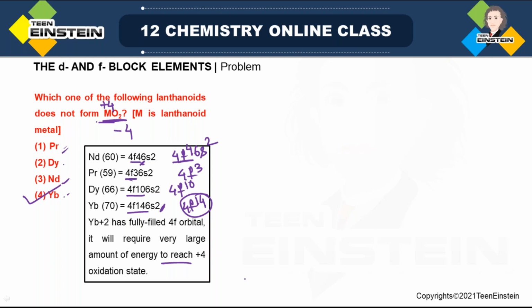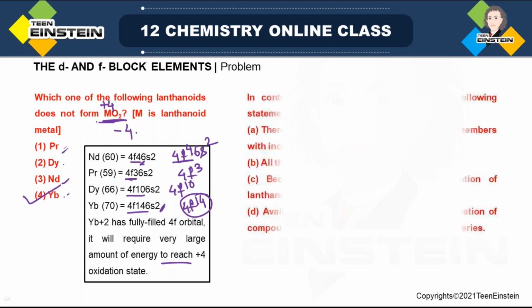So the lanthanoid which will not form this type of oxide is Yb, and it is because of the oxidation state. The question can also be asked in another form, that is, in which case +4 oxidation state is not possible. But if it is asked in that way, it will be very direct. But here it is asked in indirect form.